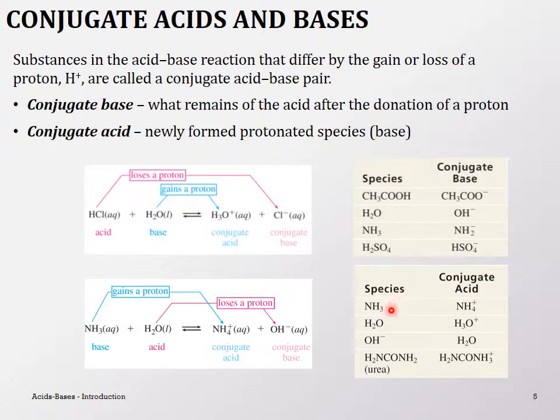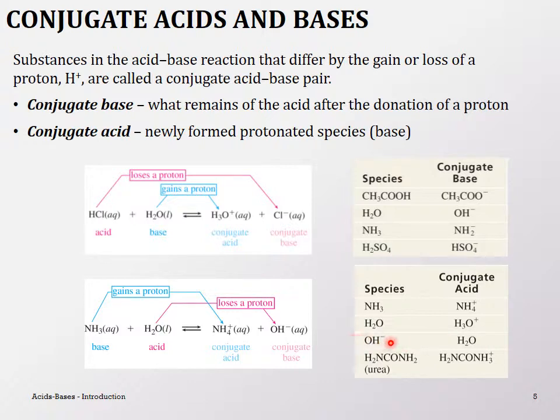In the case of the bases where they form conjugate acids, now you have to add a proton. When you add H plus, you have to add the hydrogen and you also have to add the plus charge to it. So ammonia, for example, gives ammonium ion. Water, when you add hydrogen to that, will give you hydronium ion.